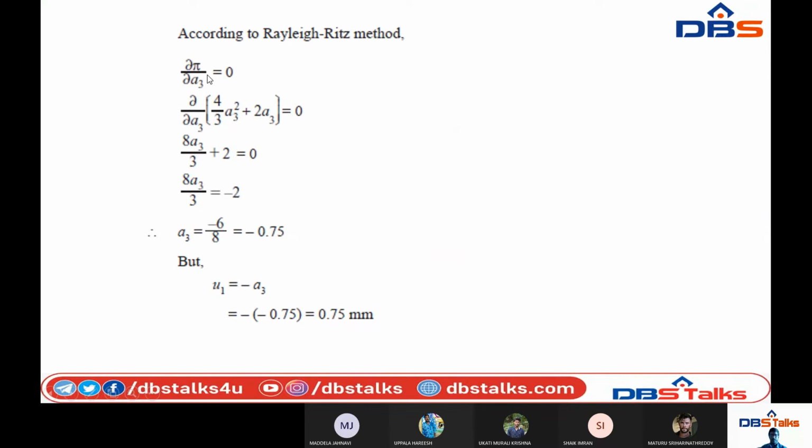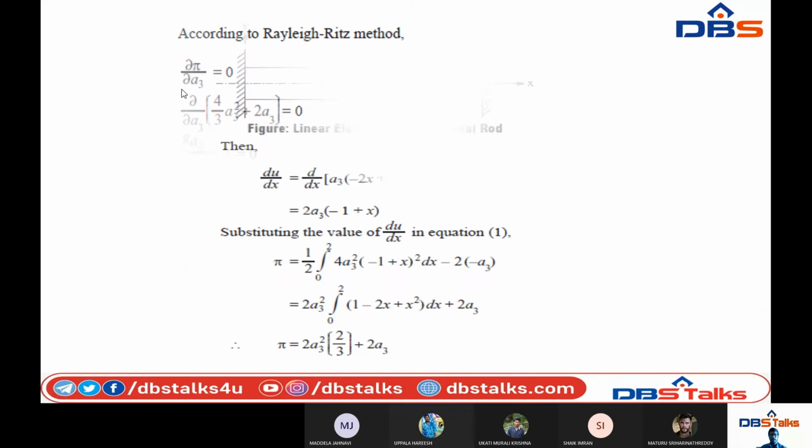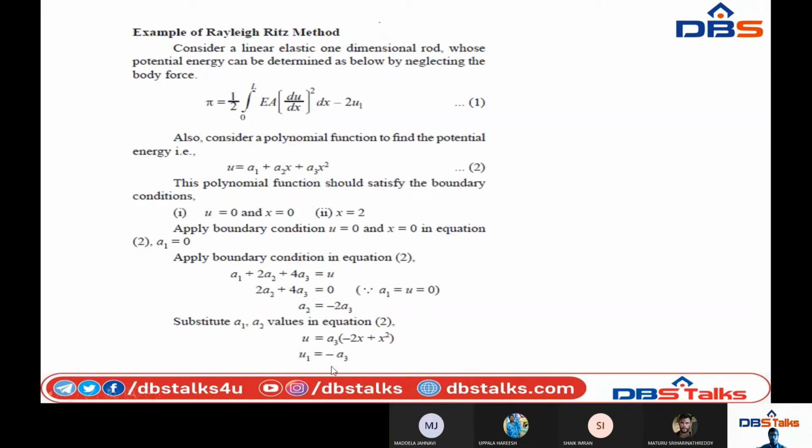That means taking the coefficient dou pi by dou ci, where i is from 1 to n. In this, I am taking the a3 value. Why? Because U1 equals minus a3. After substituting the values of A1, A2 in equation 2, I get the value of U1 equal to a3.